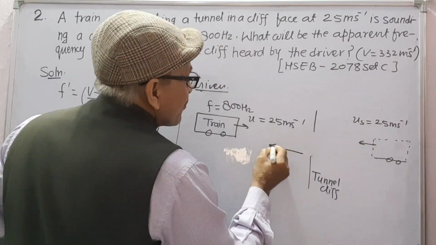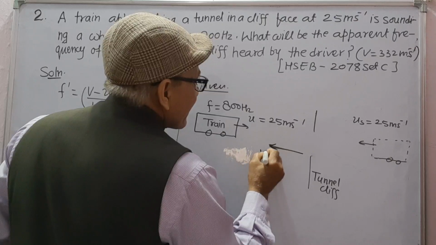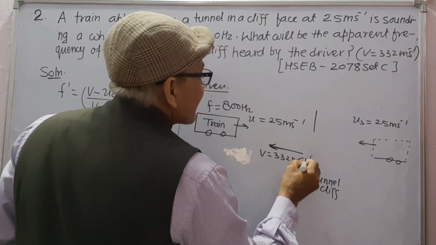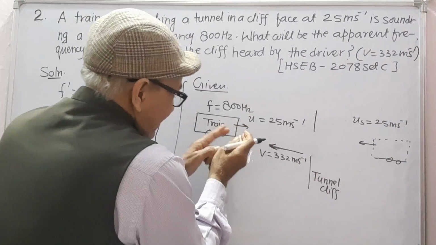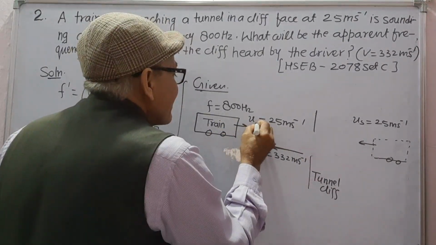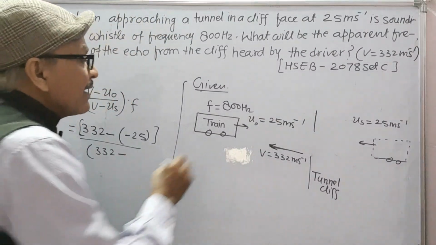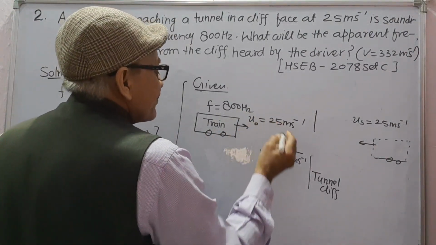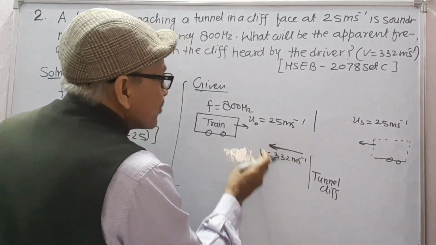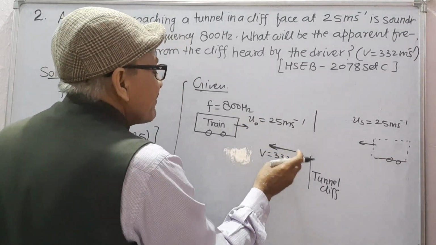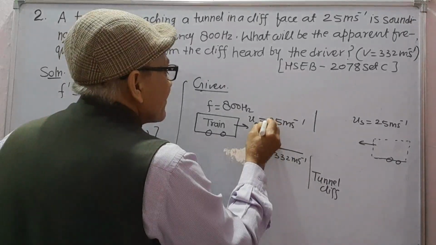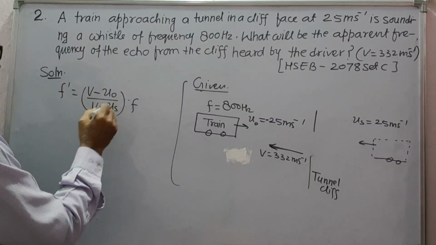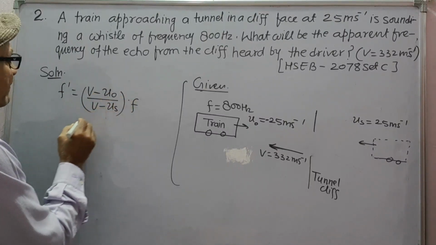Velocity of sound coming towards the train will be 332 meter per second. The driver of the train will be acting as observer, and its velocity is opposite to the direction of velocity of sound. Therefore, it must be taken negative. f dash is equal to (v minus uo) upon (v minus us) into f.